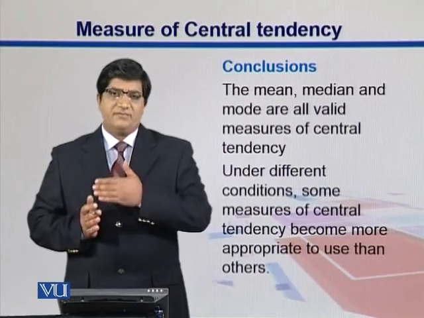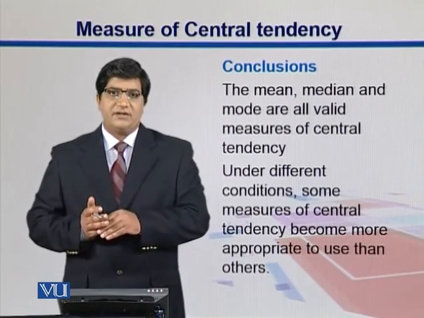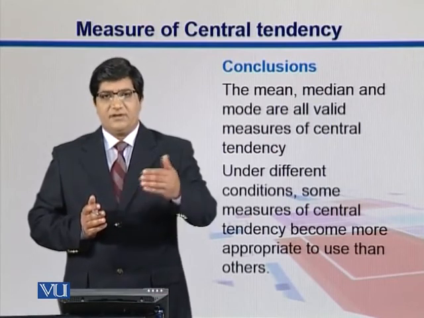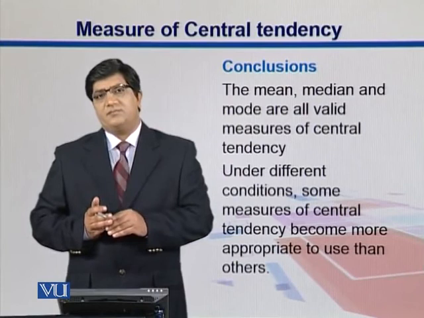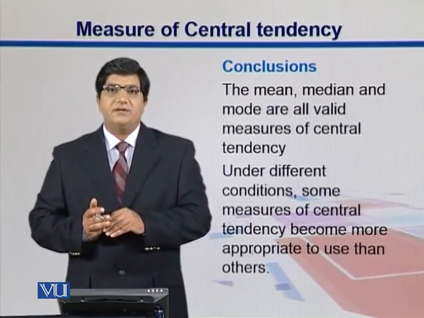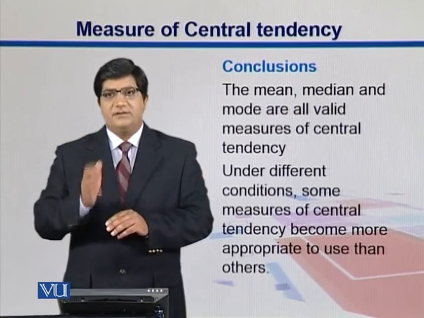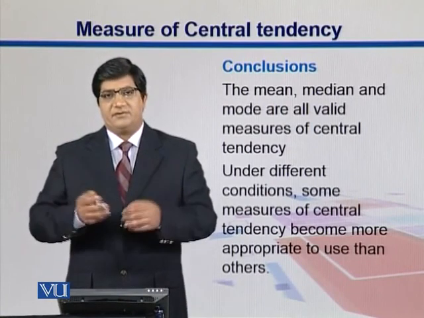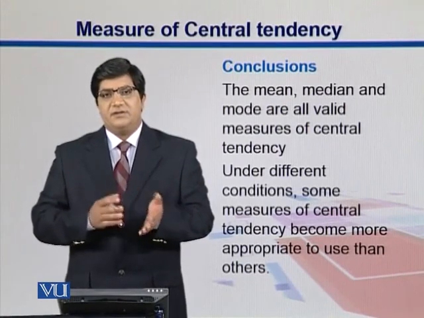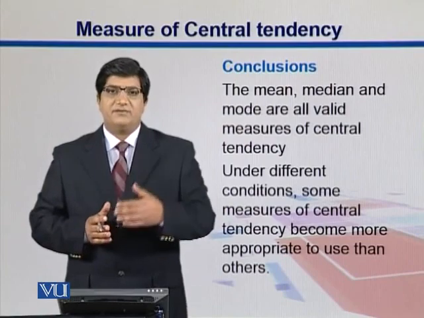For example, if you have some brands of clothes, let's say brand 50, 60, and 70, and most of the people are buying brand 70. The company selling those brands can then prefer the mode for their future strategies. So mean, mode, and median can be alternatively used to capture the idea of central tendency.